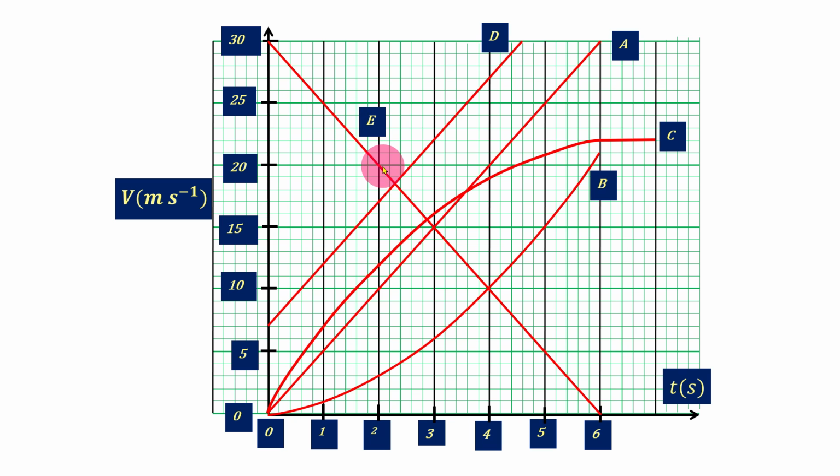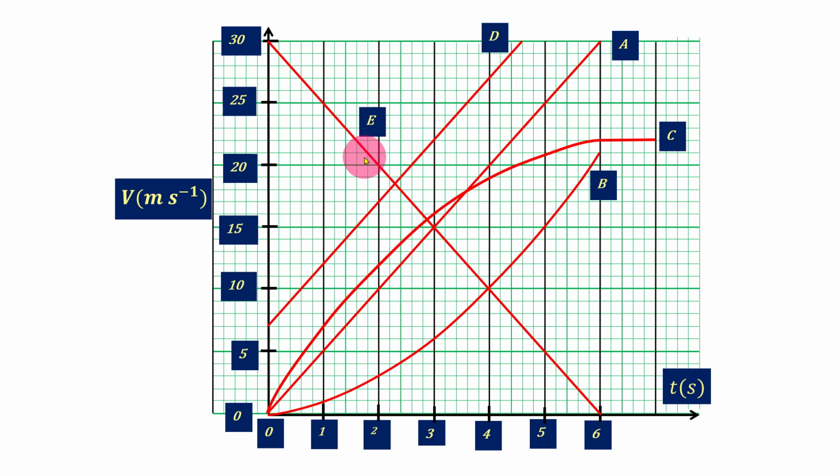Even when you check for this other 1 second interval, you'll find that it decreases from 25 to 20 meters per second. That is a decrease of 5 meters per second in 1 second. So you can see that here the acceleration is, first of all, negative, but it has the same magnitude as the acceleration of object A, 5 meters per second every second.